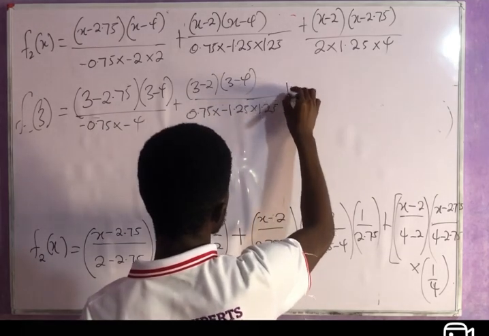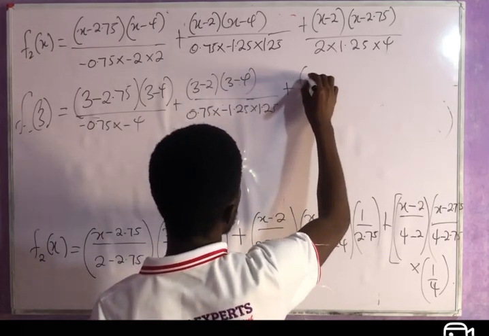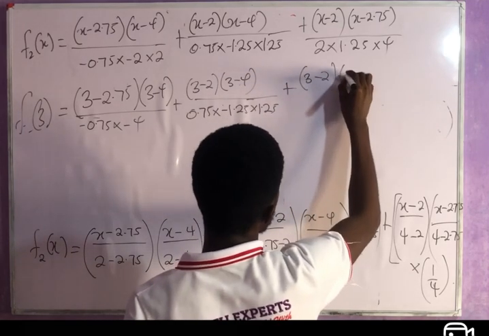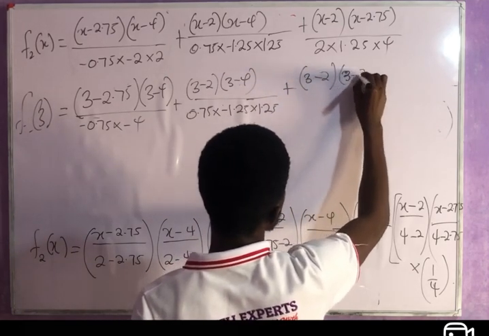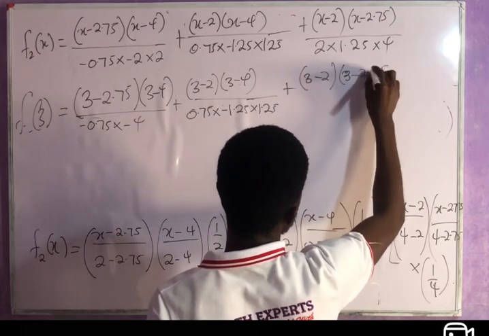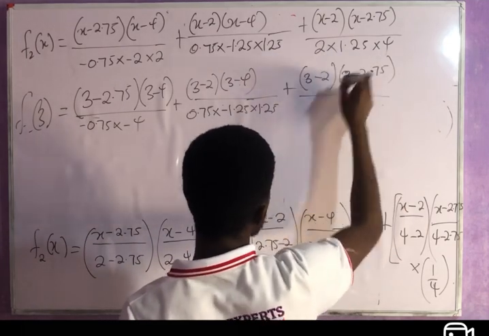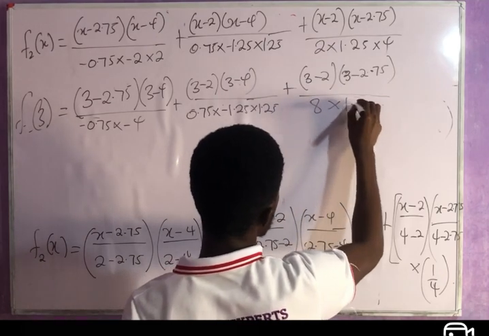Then we also have 3 minus 2, 3 minus 2.75, and this is multiplying 2 times 4 is 8 times 1.25.